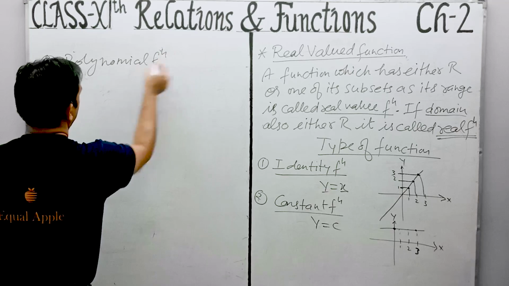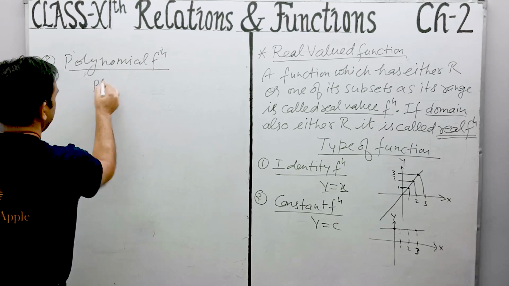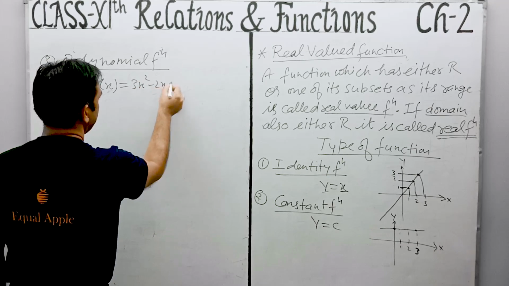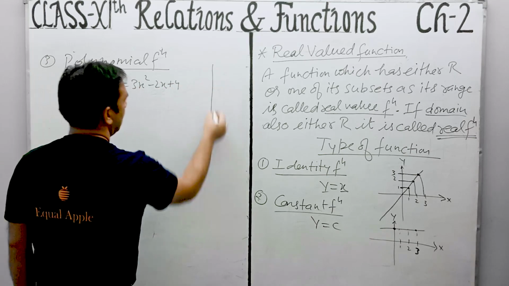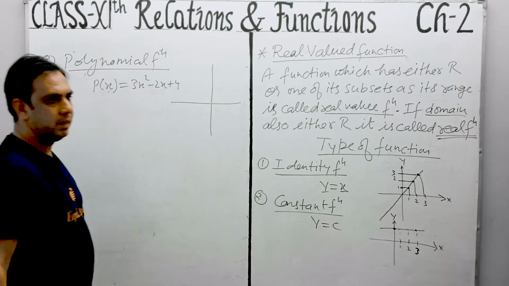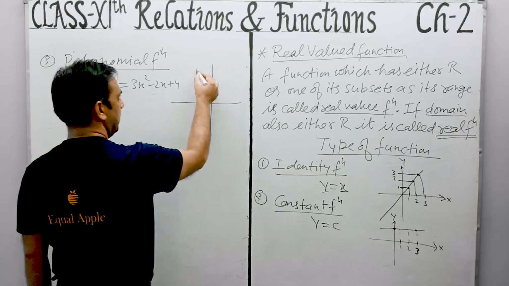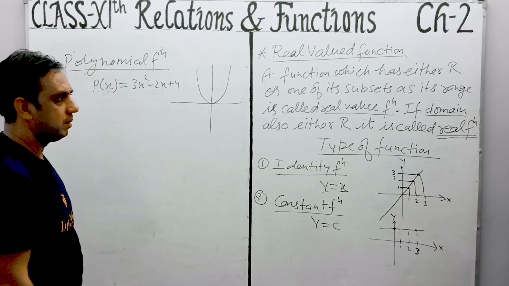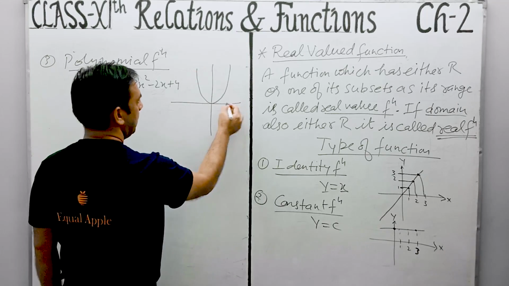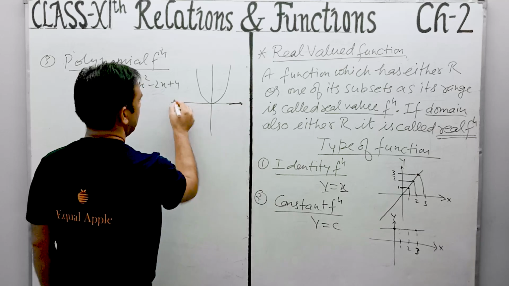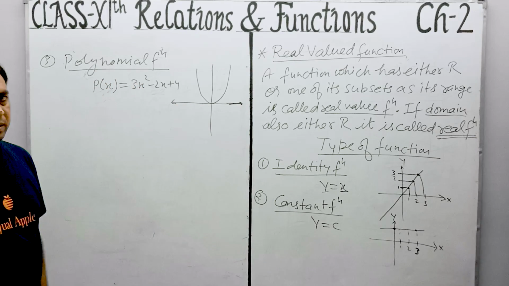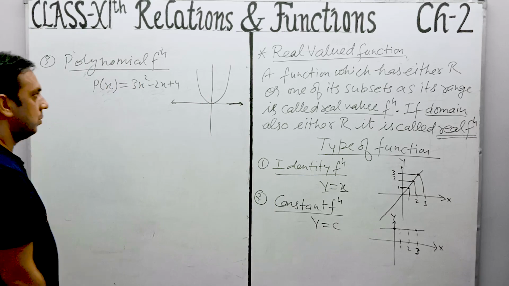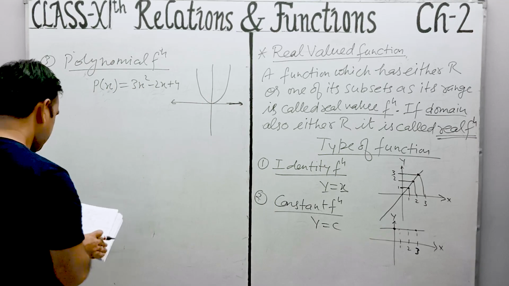We can take one example like 3x square minus 2x plus 4. A quadratic polynomial function has a parabolic shape. This is called a parabola, which we will study in our further chapter on conic sections. So this is a parabola, right?